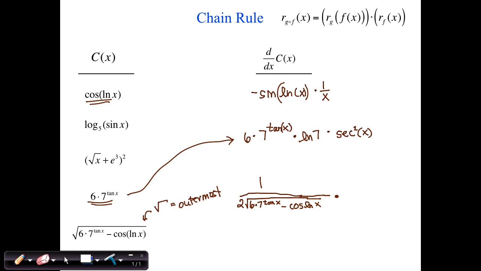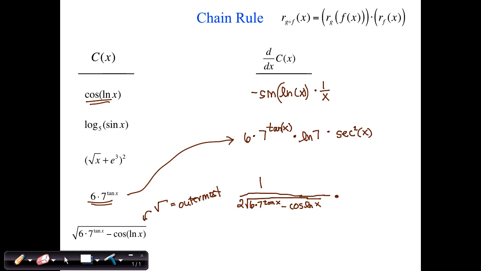So now, okay, I had the rate of change of my outer function with the inner intact. Now I need to find the rate of change of my inner function. Unlike the general chain rule written up there, the stuff that's inside here isn't quite so simple as it has been in previous examples. It's not just a natural log of x or polynomial or something. So I need to think about the derivative of this whole 6 times 7 to the tangent x power minus that.